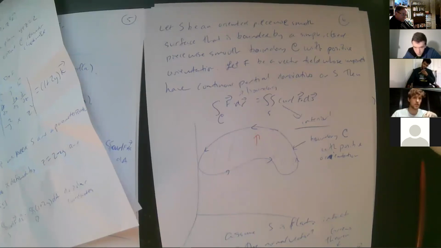And then S2 was the rest of the cup. Yes. So you talked about how the amount of stuff passing through S1 bounded by our curve is equal to the amount of stuff passing through S2 bounded by that same curve. Yes. But that's where I'm confused.